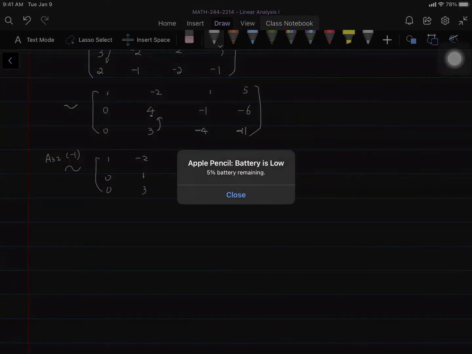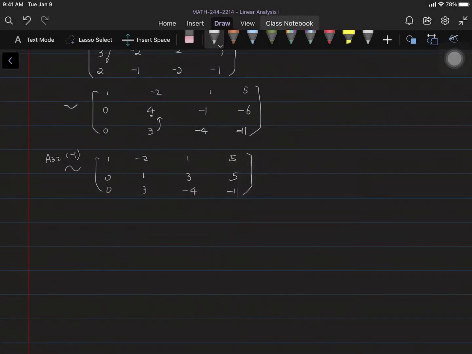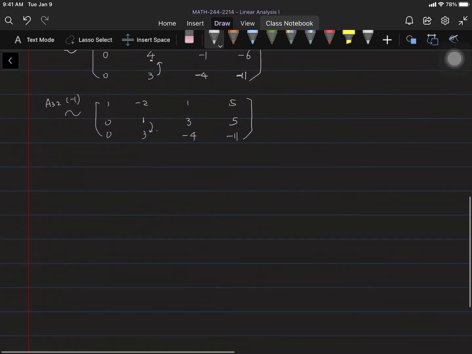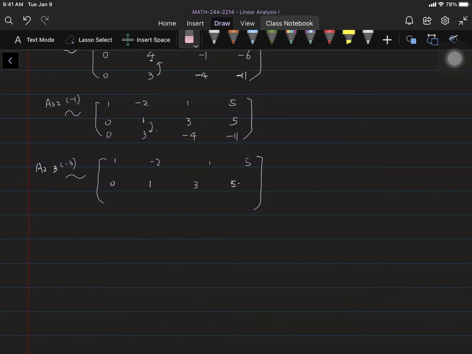And then we use this to make that into 0. That means row 2 times -3 added to row 3. This is number 5.